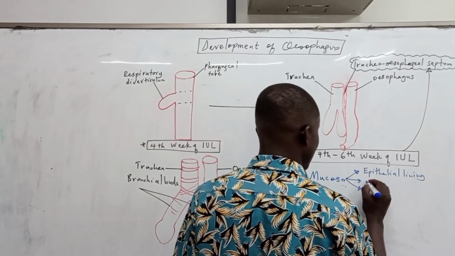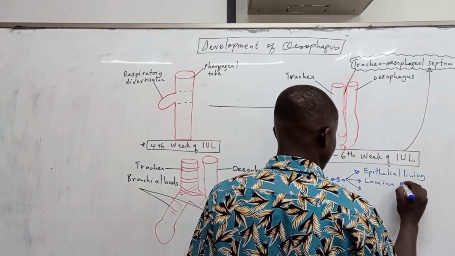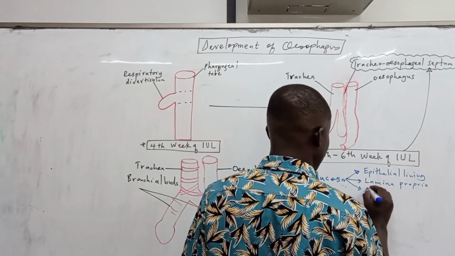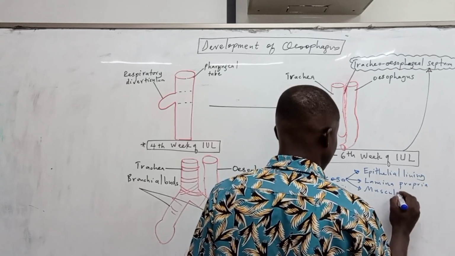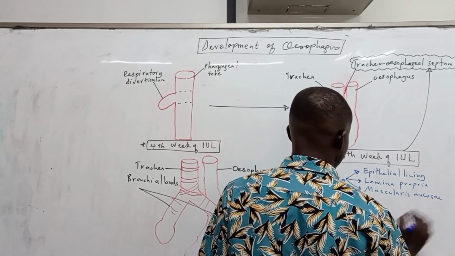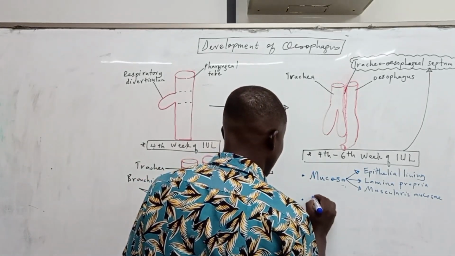And then we'll be talking about the lamina propria, and then the muscularis mucosa. This is what we see. And then below that we have the submucosa.